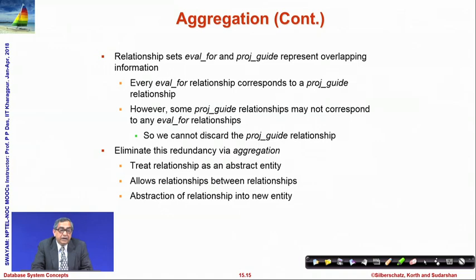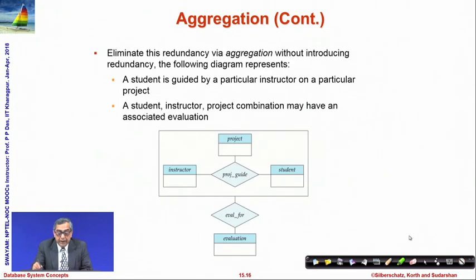So, you conceive of the project guide relationship itself as if it is a virtual, abstract entity, and then you allow the relationship between the project guide and the eval for relationship, which relates to the evaluation entity set. I will just show you in the diagram. So, this is how it will now work out.